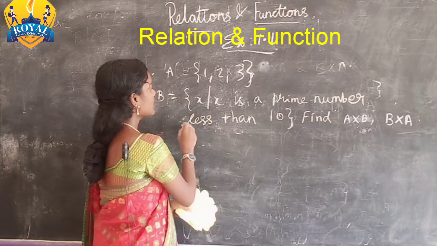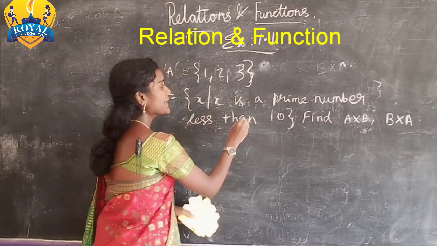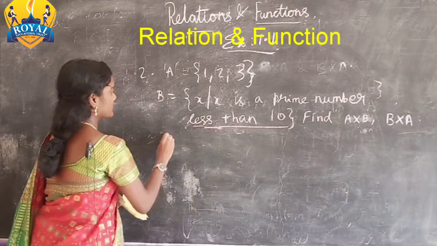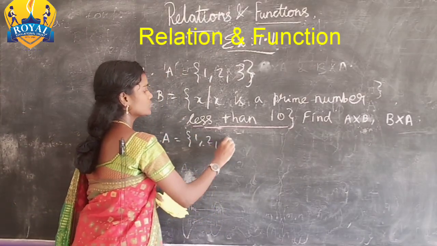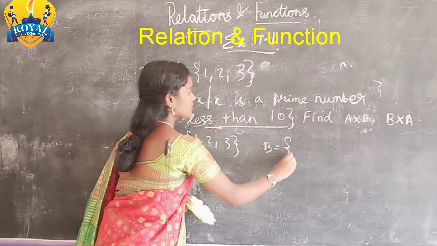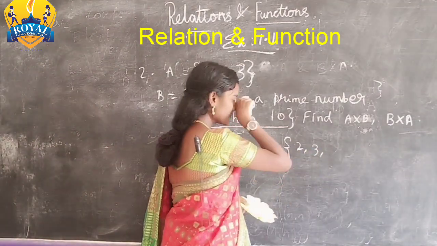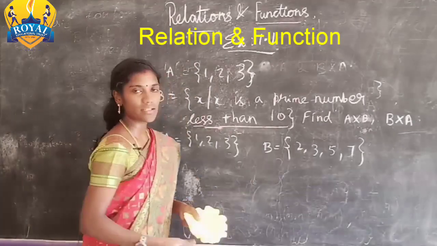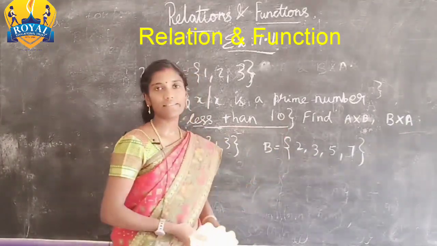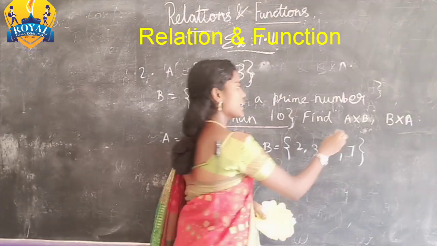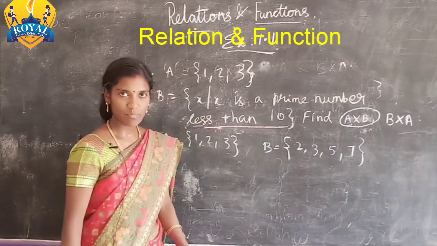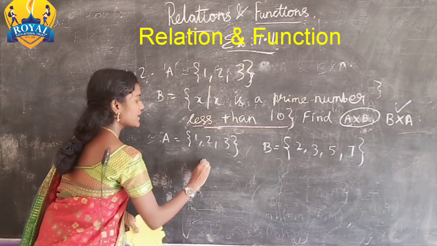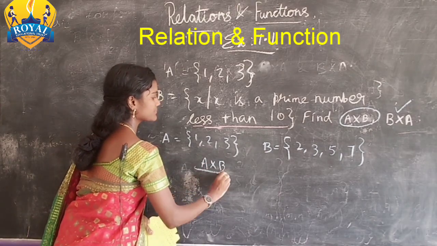Here the rule is prime numbers less than 10, so A is {1, 2, 3} and B is {2, 3, 5, 7}. Less than 10 means these four prime numbers. Now I will do the first condition, A cross B. You will do the second condition. This is your homework.